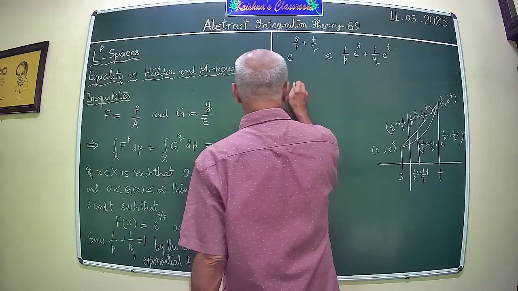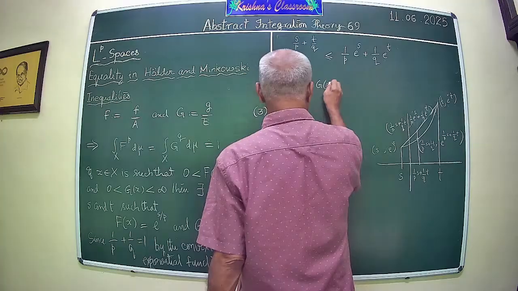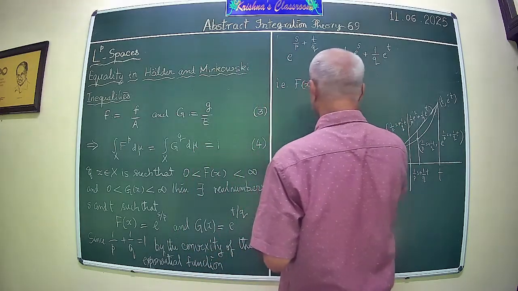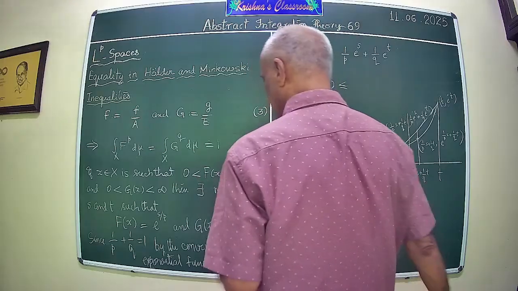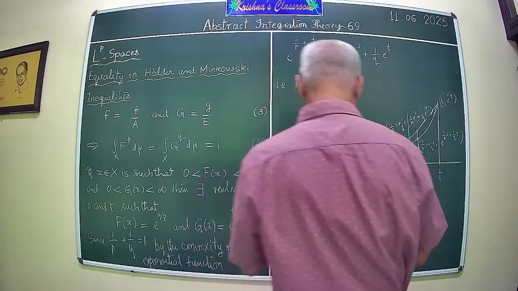That is, you take fx into gx. Now this is less than or equal to, you can substitute for e to the power s by e.